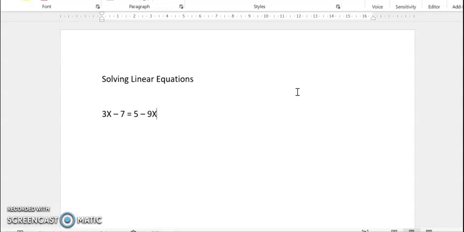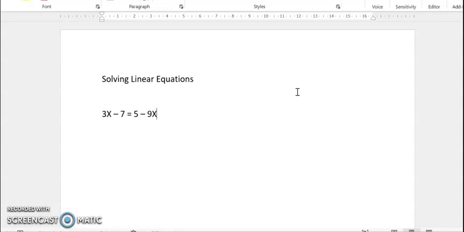So looking at this equation, we see 3x minus 7 equals 5 minus 9x. So the question is, how do we move the minus 9x to the other side of the equation?